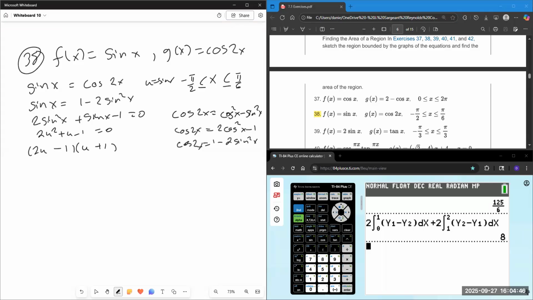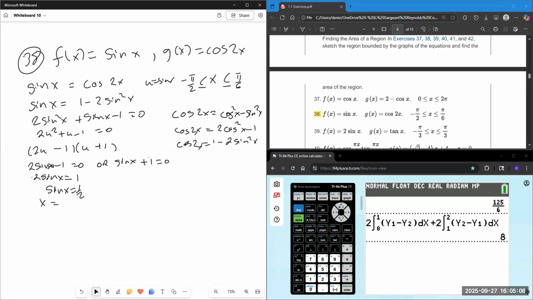So this is 2 sine x minus 1 equals 0, or sine x plus 1 equals 0. 2 sine x is equal to 1. Sine x is equal to 1/2.